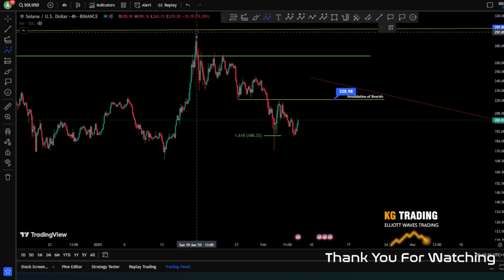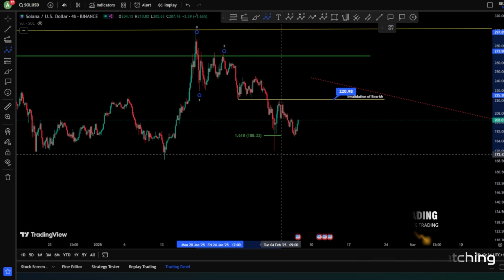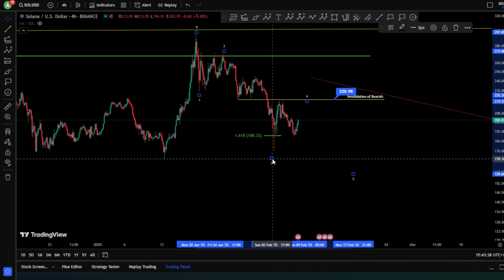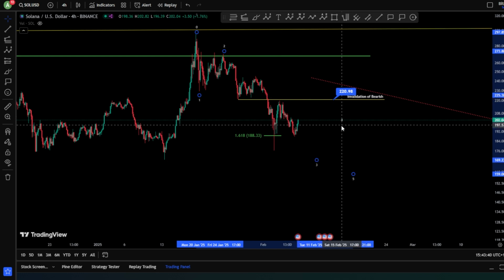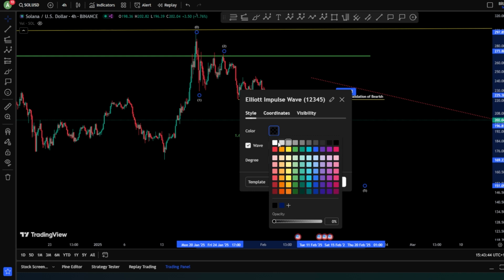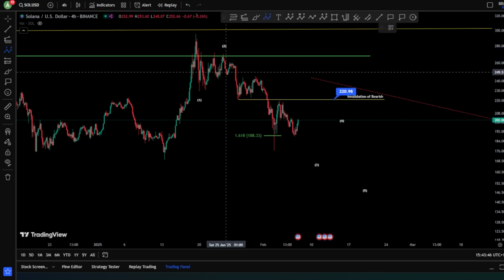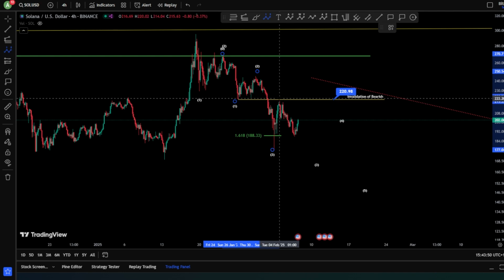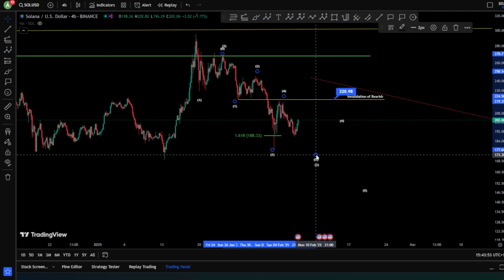So in case we are in 1, 2, and then 3, 4, and a 5. Actually, this should be here, 3, 4, and a 5. Here we go. And I'm going to make it a little bit bigger here. And then we have 1, 2, 3, 4. You're looking for a wave 4 here and a 5.